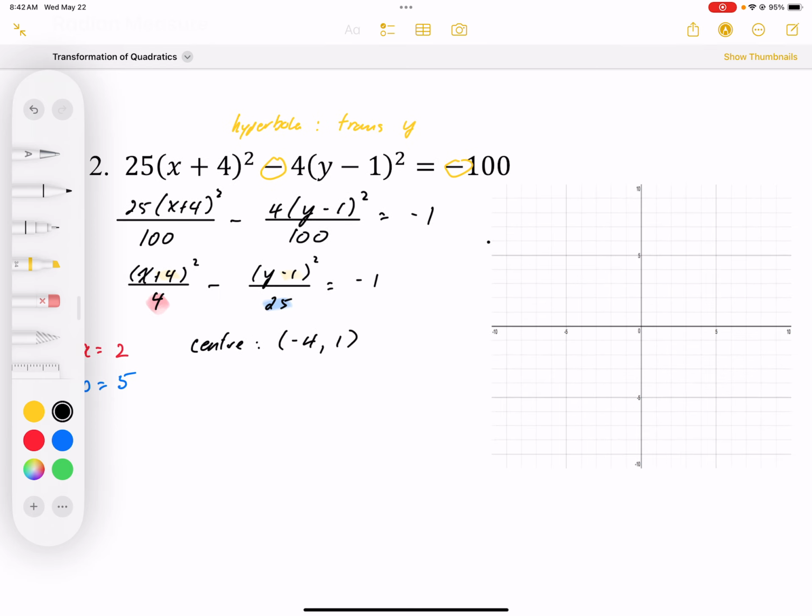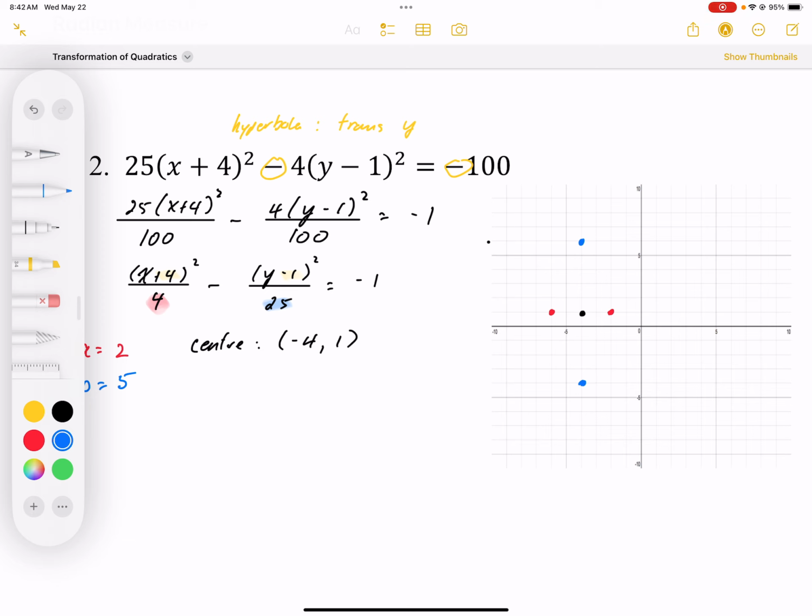We're going to graph the vertices first. So -4, +1 represents the center. Using the x-axis radius, or the A value, go 2 to the left, 2 to the right. Using the y-axis radius of the B value 5, we're going to go 5 up and 5 down.